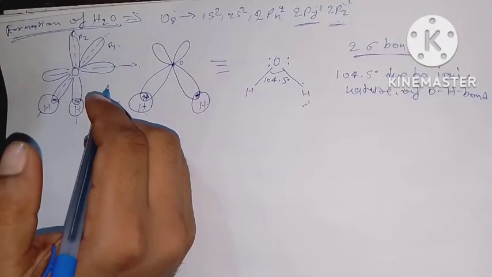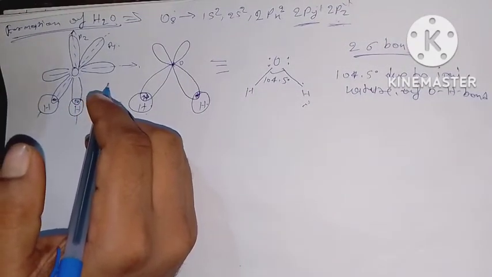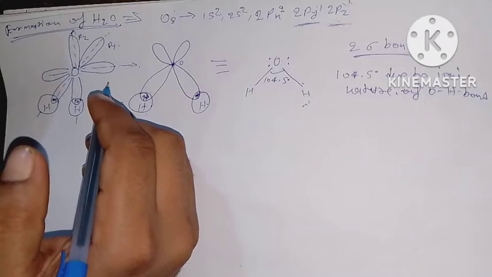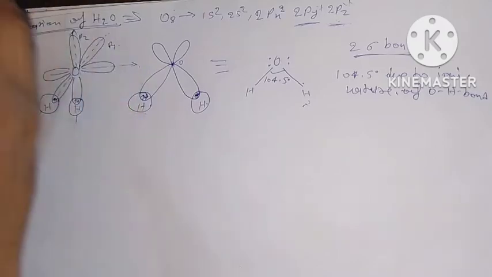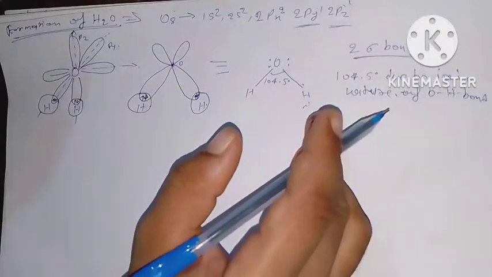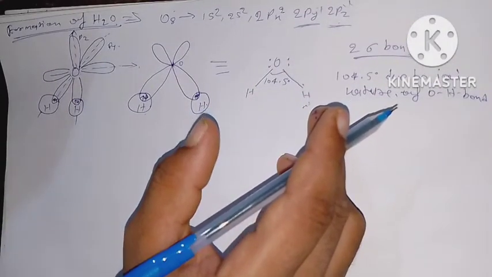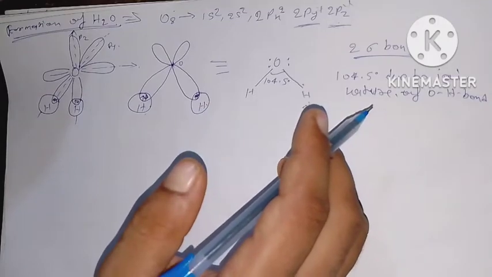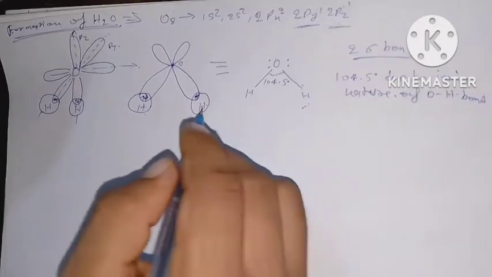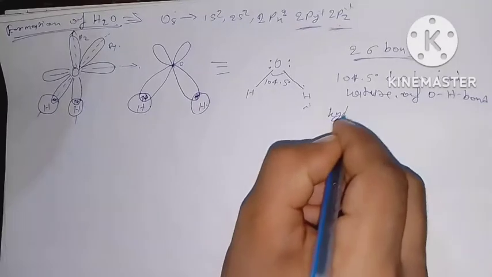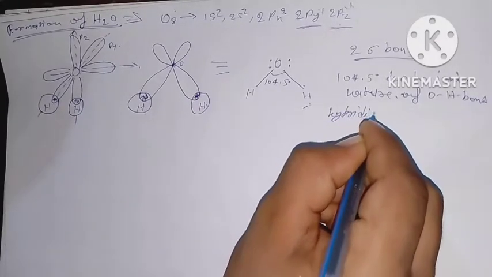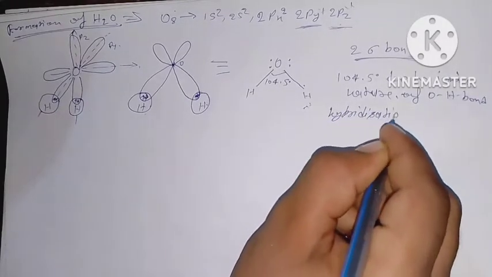There is a repulsion between the oxygen-hydrogen bonds due to which the bond angle expands. The hybridization is sp3.